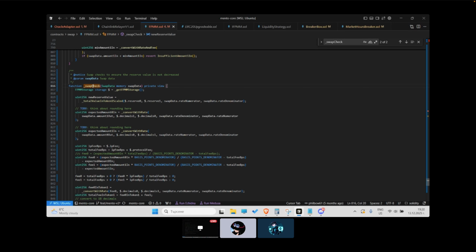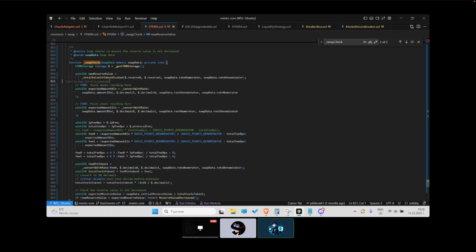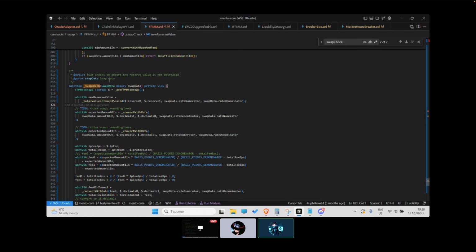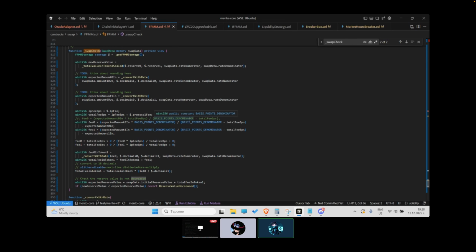Okay, so basically this function needs some brainstorming, because you need to plug some numbers. Because you get the expected amount, the new reserve value doesn't have the protocol fees.